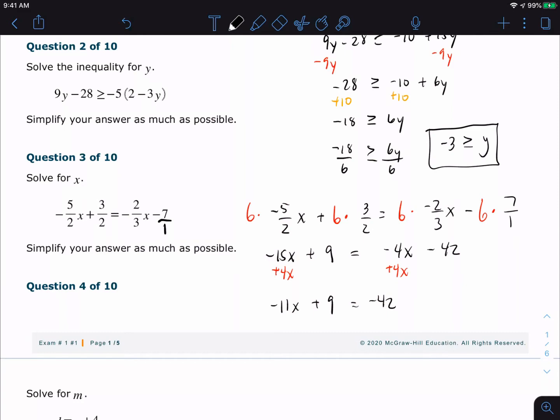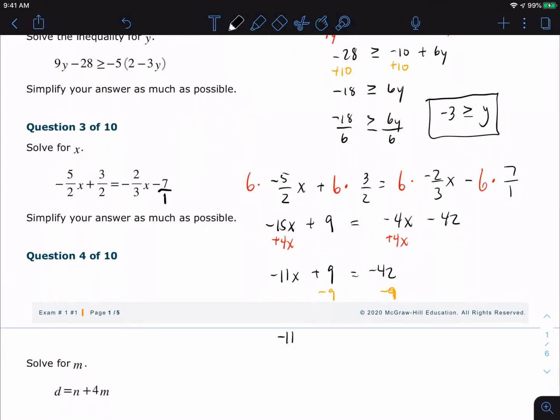Now I have to subtract 9 from both sides, correct? And that's going to give me a negative 11x is equal to a negative 51. And so x is equal to a negative 51 divided by a negative 11. But that is x is equal to 51 over 11. That is my answer.